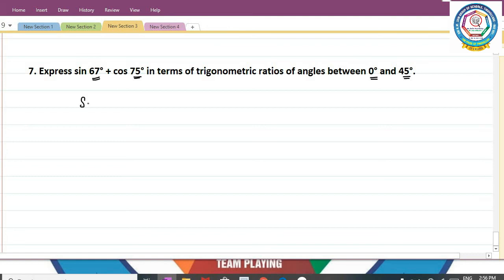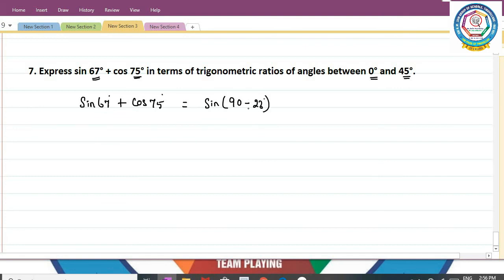So sine of 67 degrees plus cos of 75 degrees; the sine of 67 degrees I am going to change into a complementary angle. So sine of (90 minus 23).